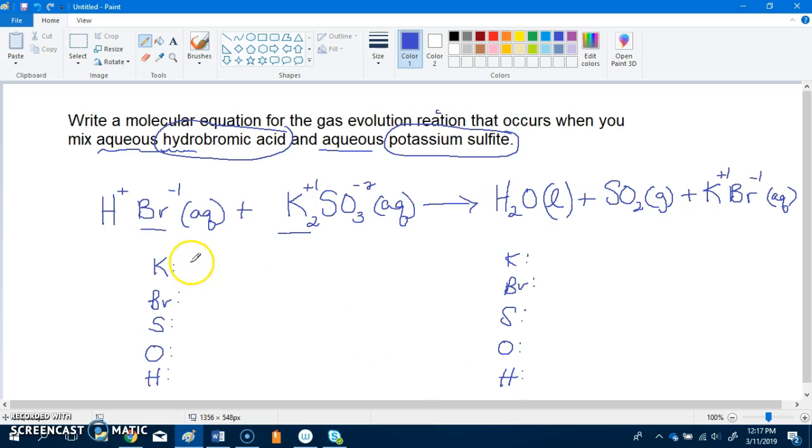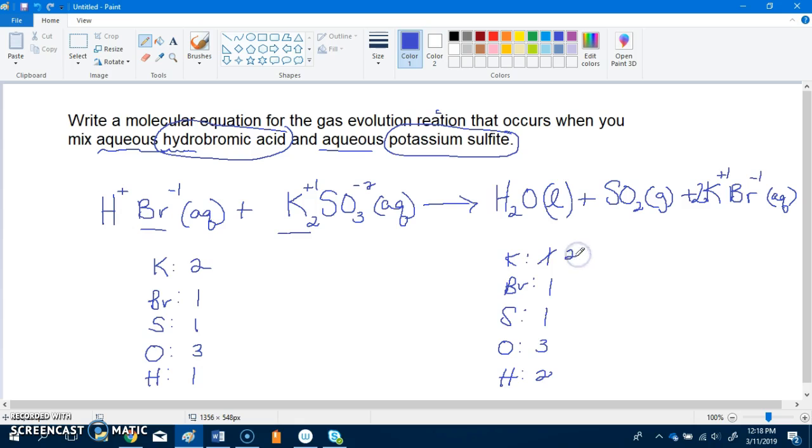On the reactant side, I have 2 potassium, 1 bromine, 1 sulfur, 3 oxygens, and 1 hydrogen. On my product side, I have 1 potassium, 1 bromine, 1 sulfur, 3 oxygen, and 2 hydrogen. I'm going to balance my potassium first, which means putting a 2 over on this side.